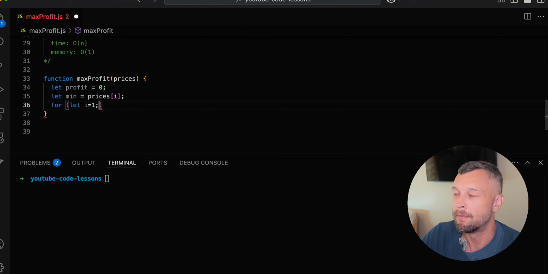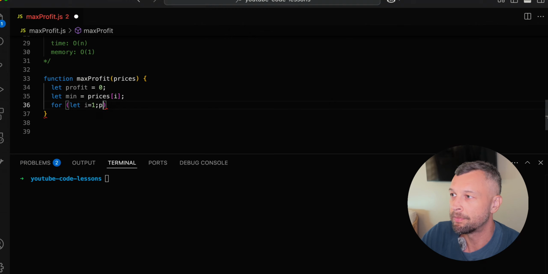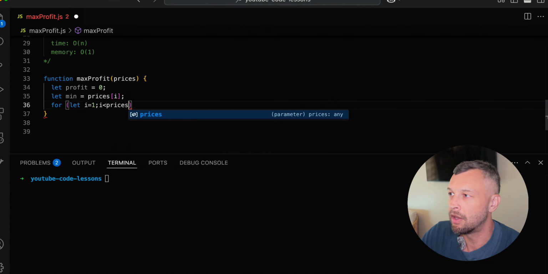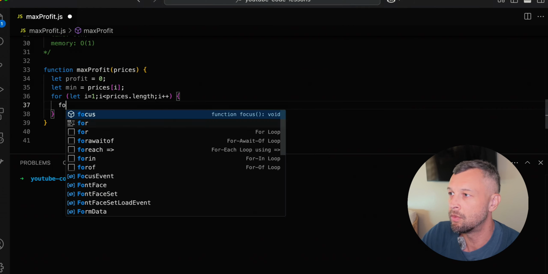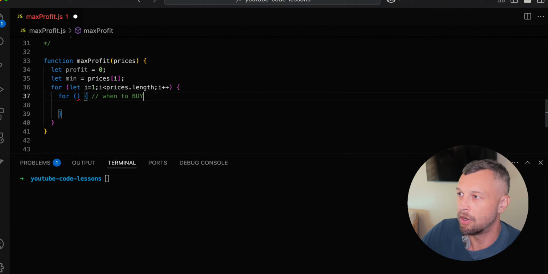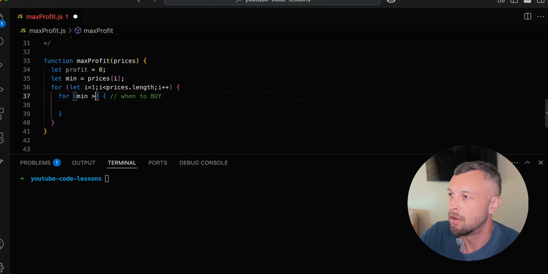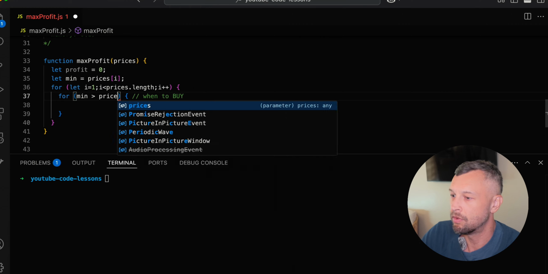And then we really care about day 2 to see if the price is lower, to indicate whether or not we want to buy. So we're going to say while i is less than prices.length, we're going to increment i, and this is basically going to tell us when to buy. We're going to say if minimum is greater than prices[i].